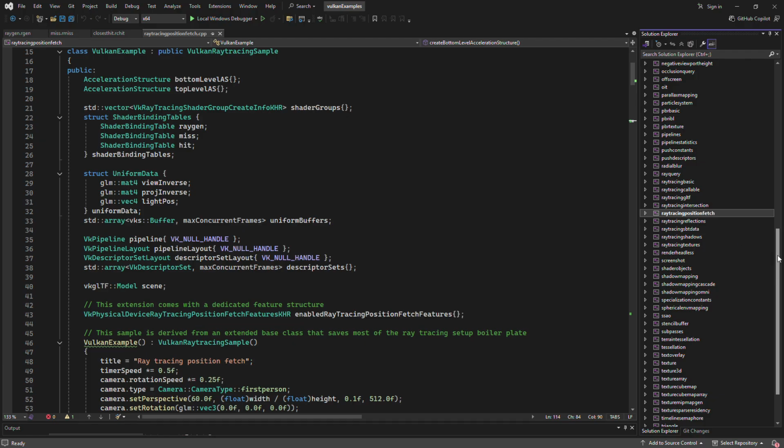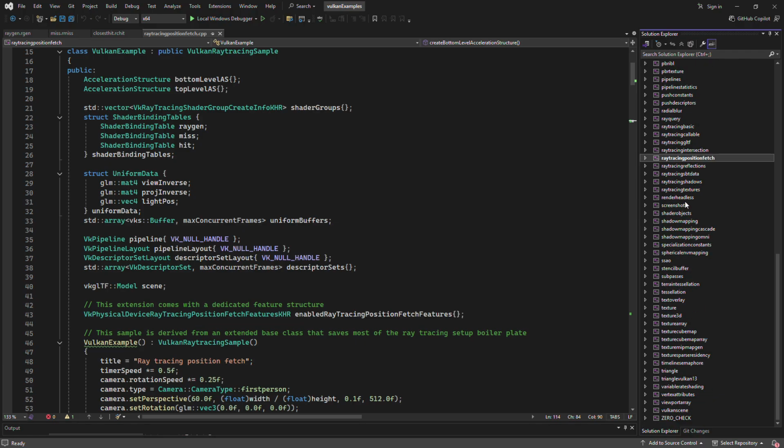That's tutorial number 1, which installs the Vulkan API on your machine. Tutorial number 13 installs all of these examples on your machine. Again, Windows-based machine, Vulkan-capable, ray tracing capable if you want to run the ray tracing examples, and especially this example.